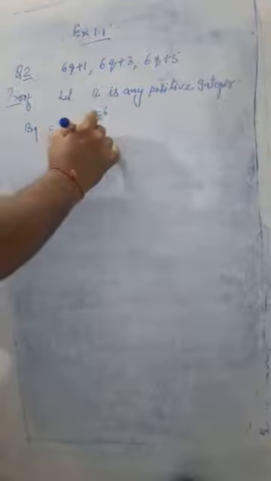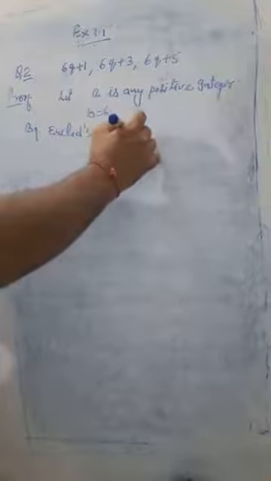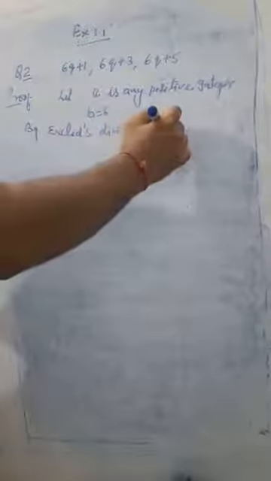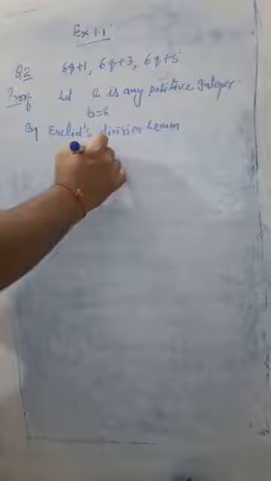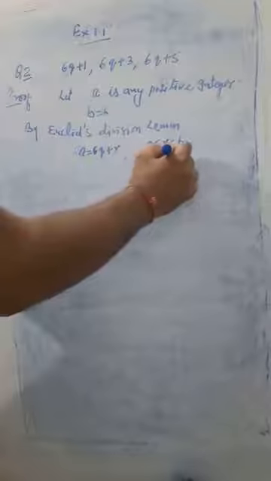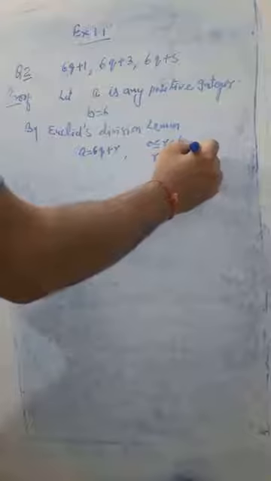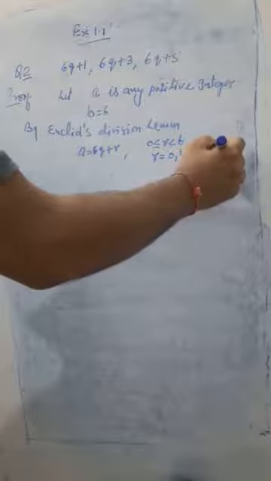So we can write by Euclid's division lemma, a is equal to 6q plus r, where 0 is less than or equal to r less than b. Here b is 6, so we can write r is equal to 0, 1, 2, 3, 4, 5.